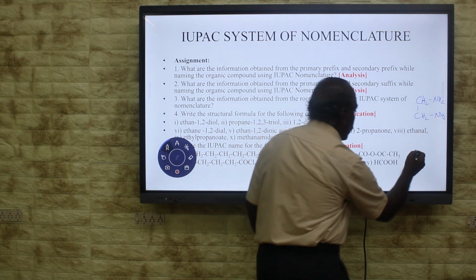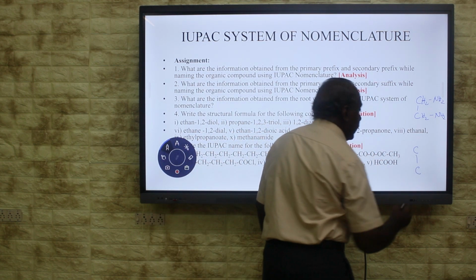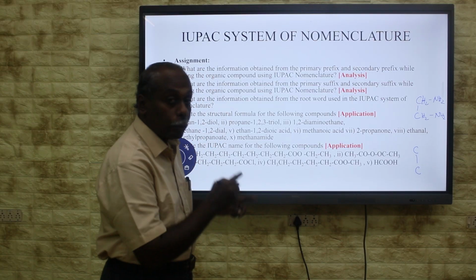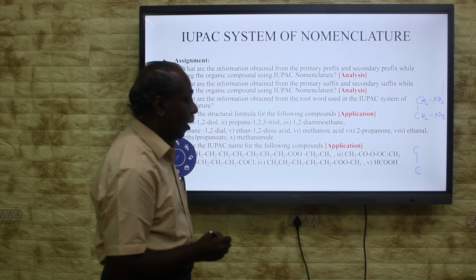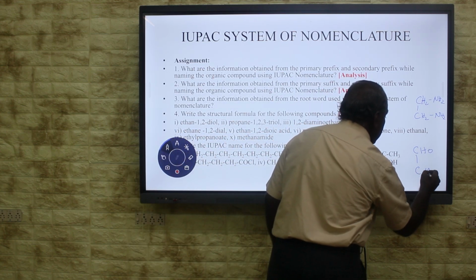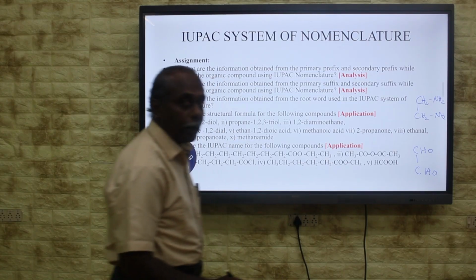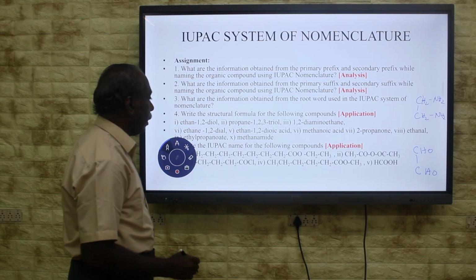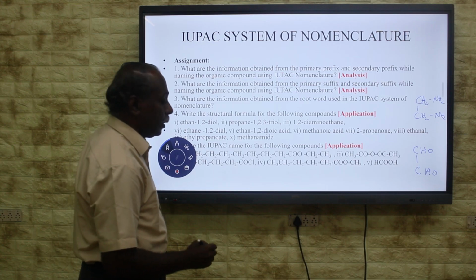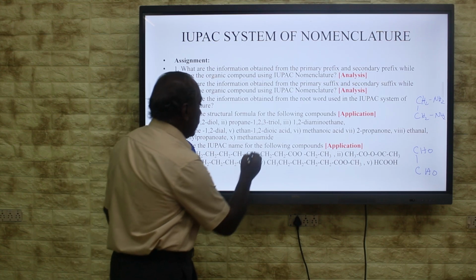Next, ethane-1,2-dial. Ethane, 2 carbons. Then what is the dial? It is aldehyde. There are 2 aldehydes. These 2 carbons are present as aldehyde: CHO, CHO. It is ethane-1,2-dial. Then ethane-1,2-dioic acid.